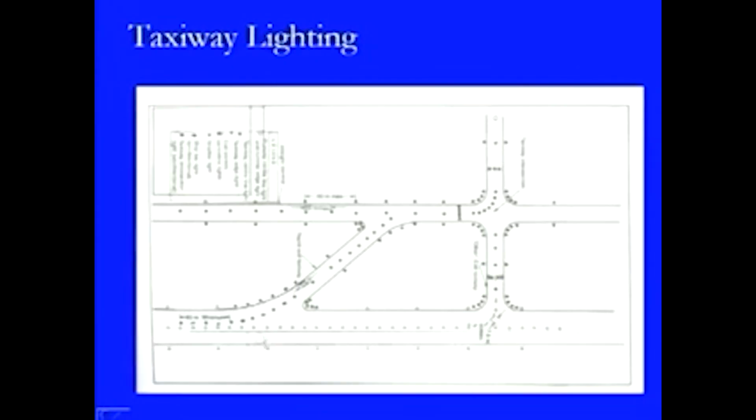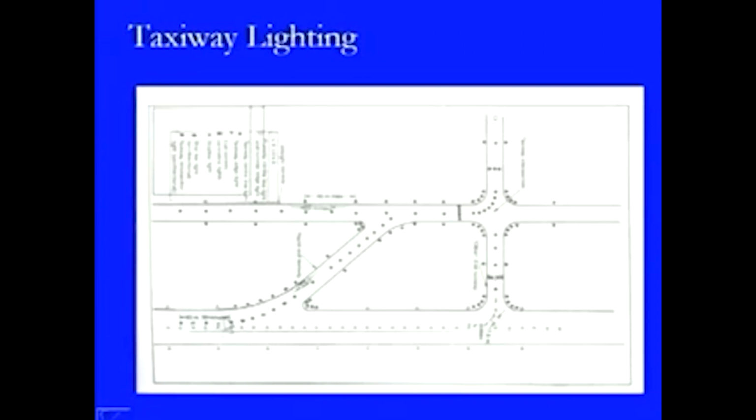So, in this case, as we have discussed with respect to the marking, the markings of the rapid exit taxiway or the perpendicular exit taxiway move along the center line of the runway strip, and then move for a certain distance, that is 60 meters.